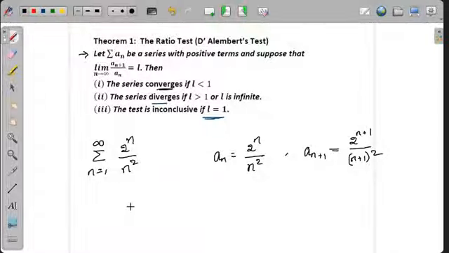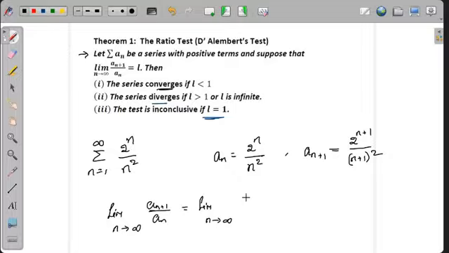Okay. So now let's write this. Limit n goes to infinite an plus 1 over an, that equals limit n goes to infinite, I hope you'll get 2 power n plus 1.